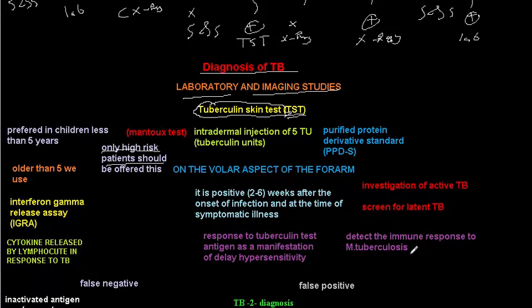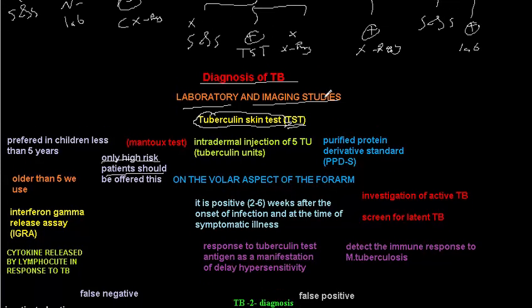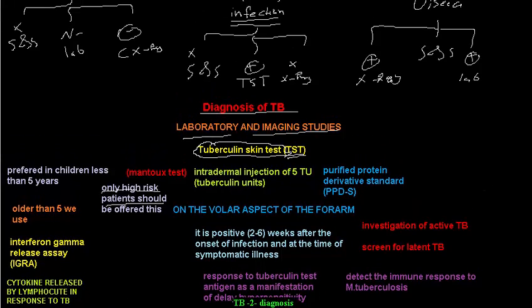So it's not for active TB if the patient is not a high risk patient. It's not diagnostic. You can't confirm the presence of TB with this test because it has false negative and false positive values. Let's start with how to do this test.